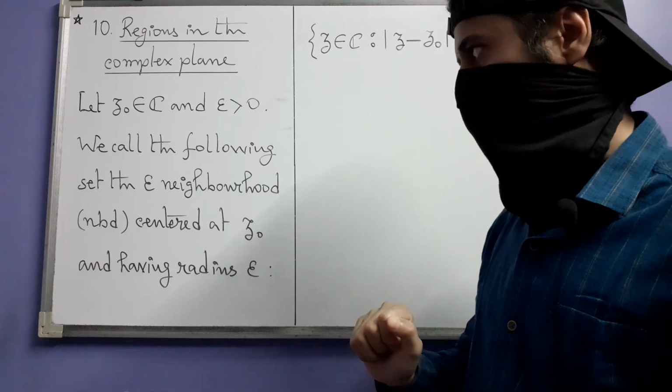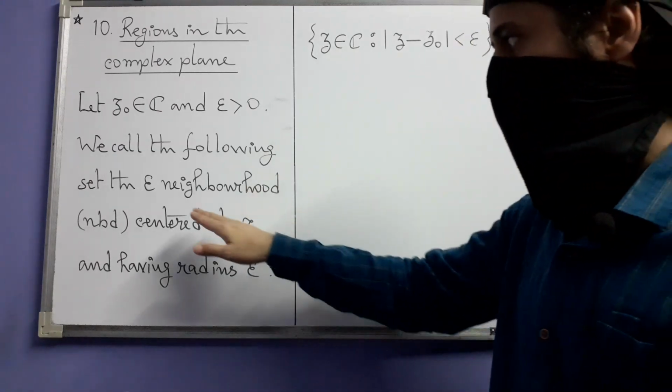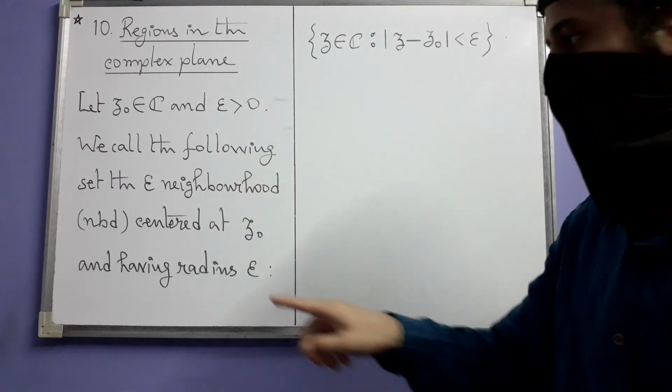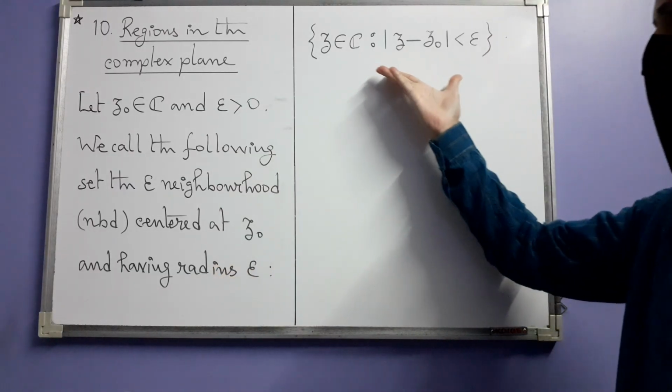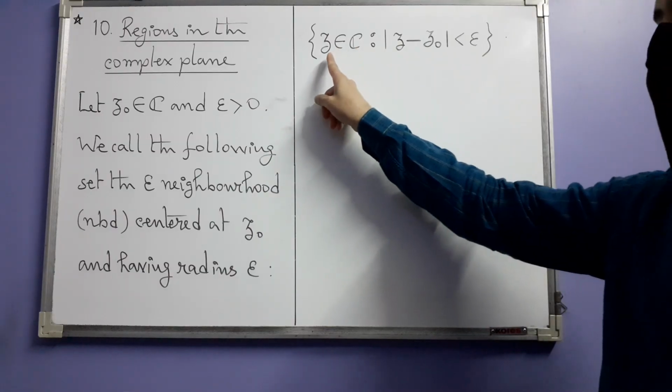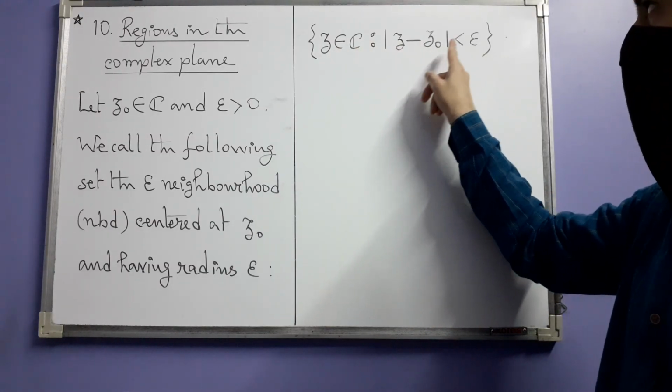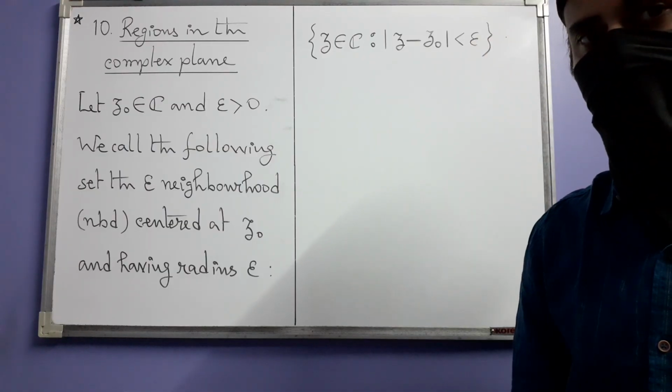An epsilon neighborhood, or more specifically the epsilon neighborhood centered at that complex number z0 and having radius epsilon, is this set. It's the set of all complex numbers z whose distance from that z0 is less than epsilon.